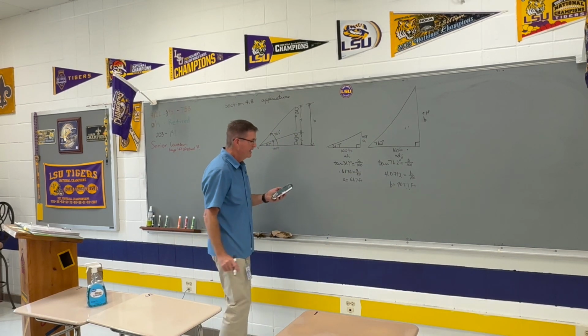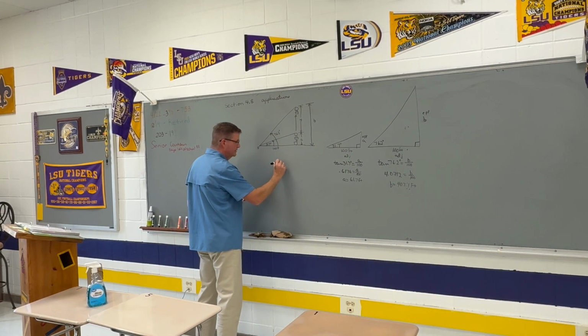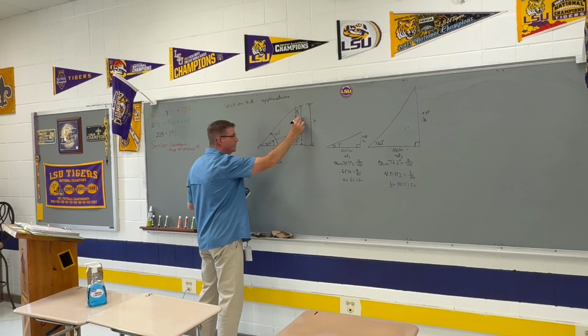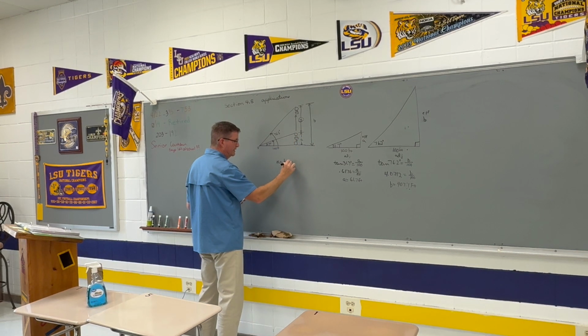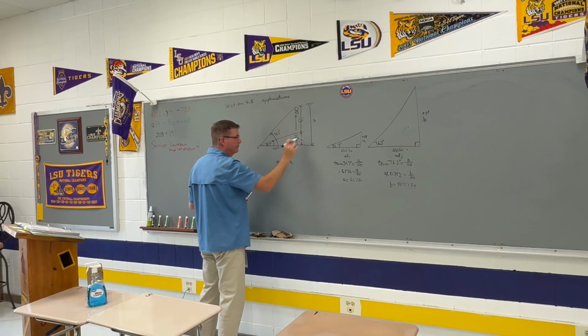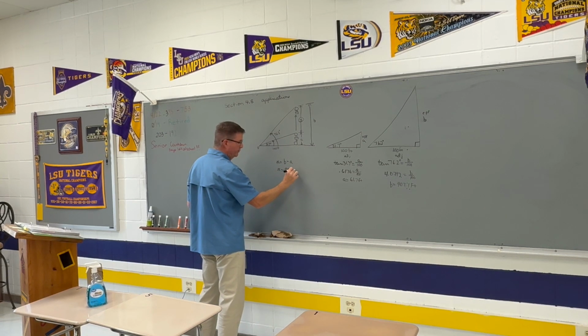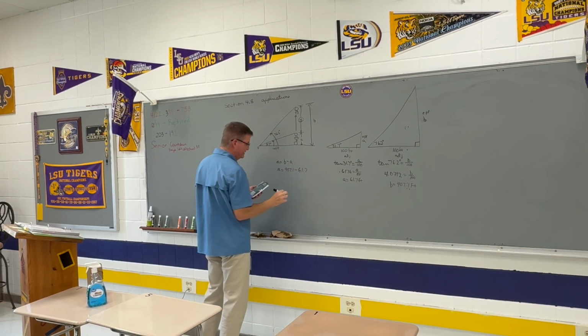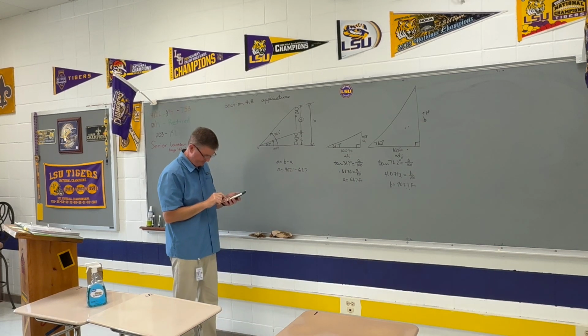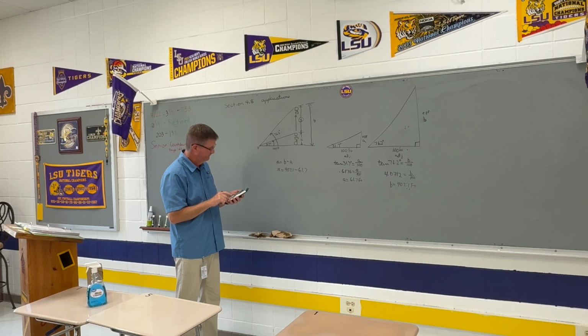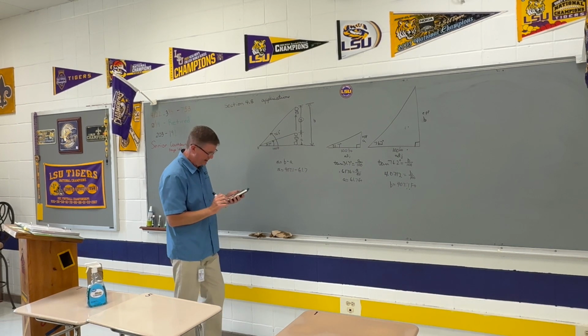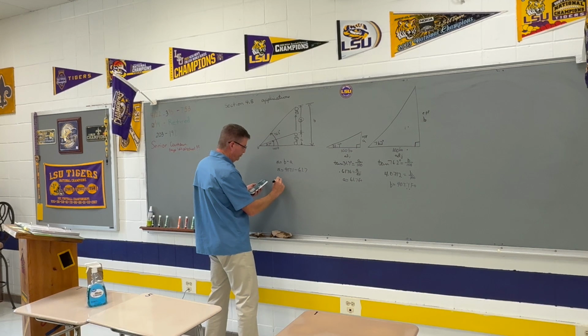So now we're looking for X, and remember, this distance here that we're looking for is going to be B minus A. The whole thing minus this much. So X is going to be 407.1 minus 61.7. And that gives me 345.4 feet.